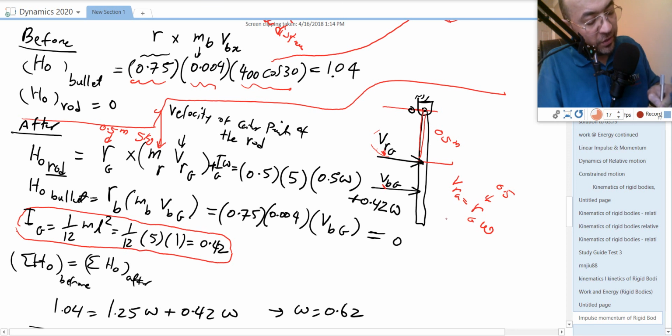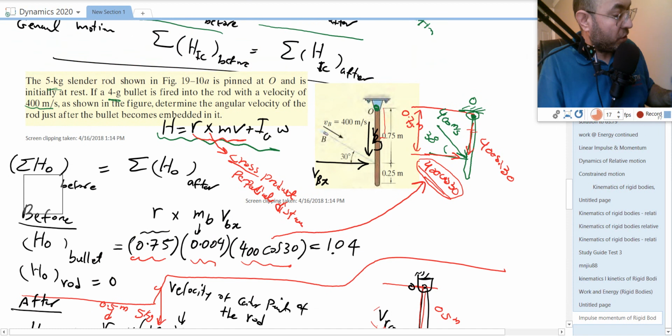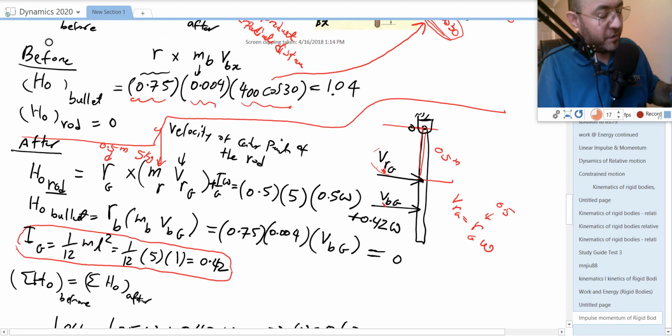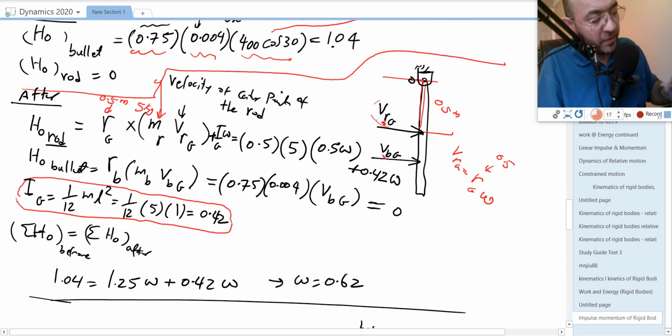The question asks me to determine the angular velocity, so I'm interested in omega. Omega is equal to VRG over 0.5.